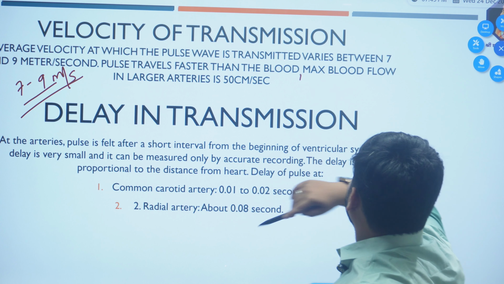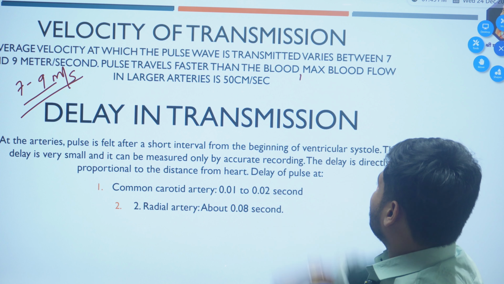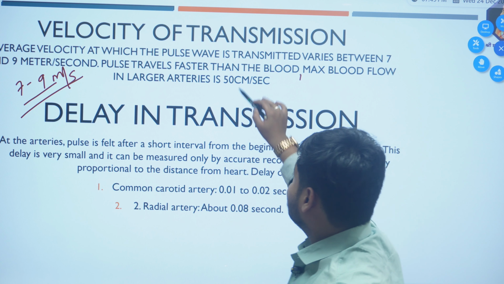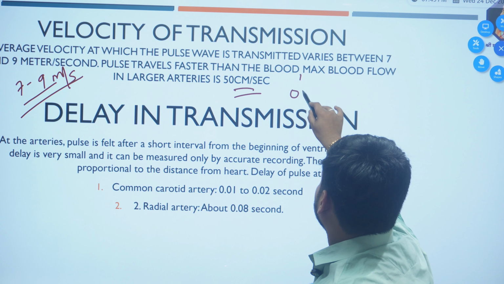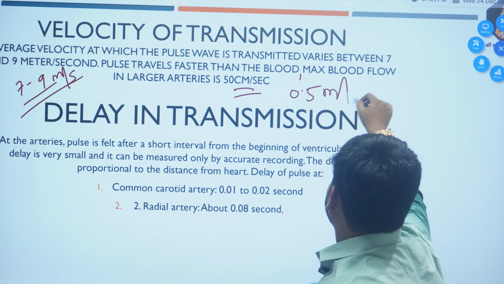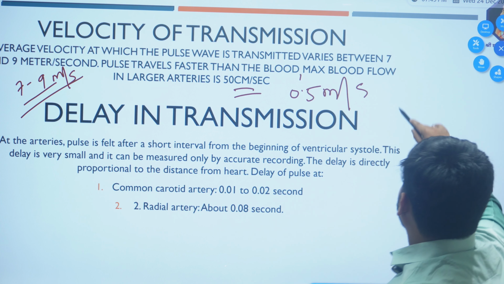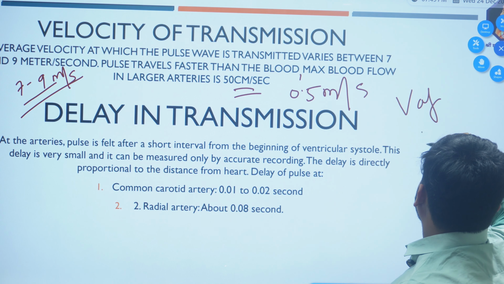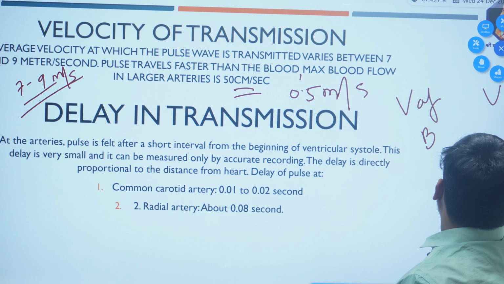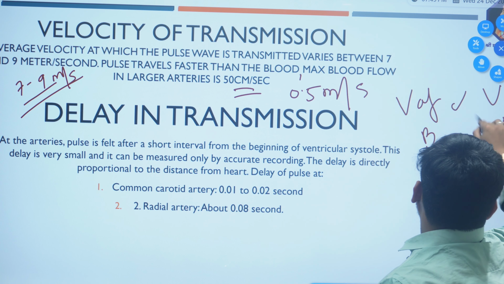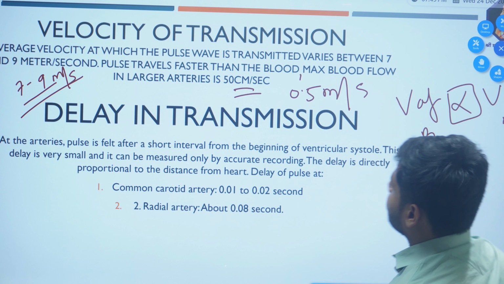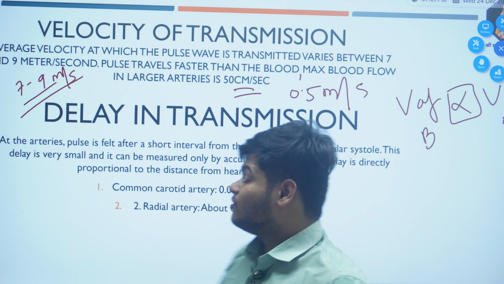Maximum blood flow in larger arteries is 50 centimeters per second. It is centimeters, right? Meaning 0.5 meters per second. So when we compare the velocity of blood and the velocity of pulse, the pulse velocity is always greater.